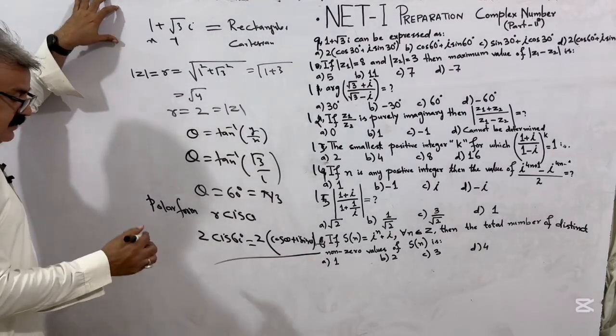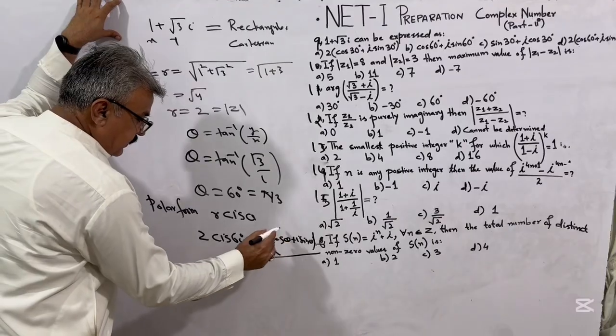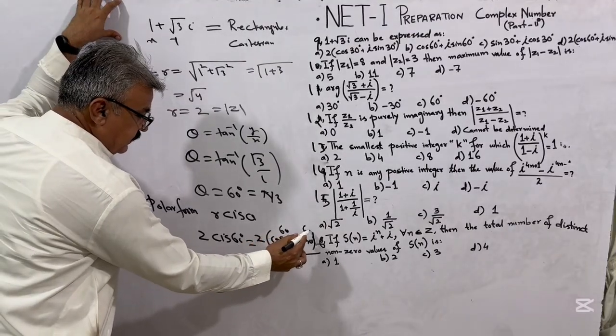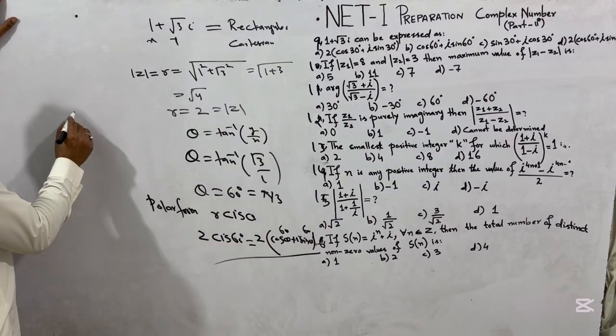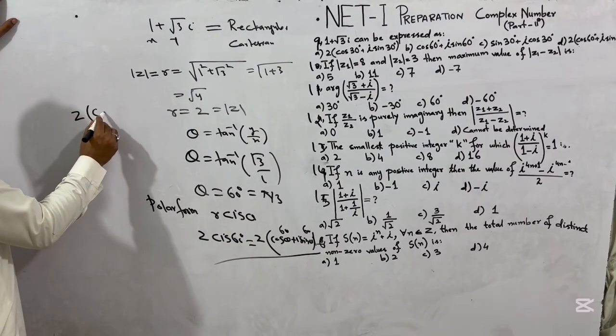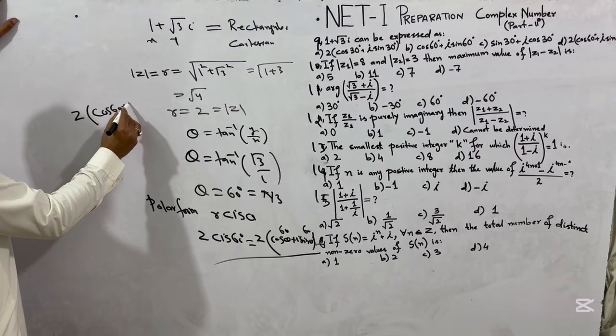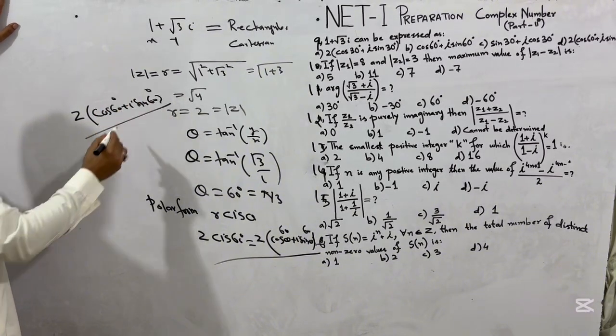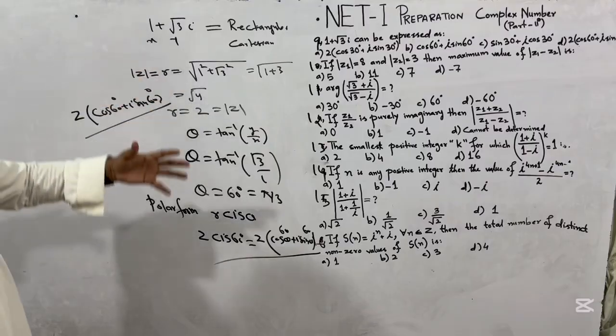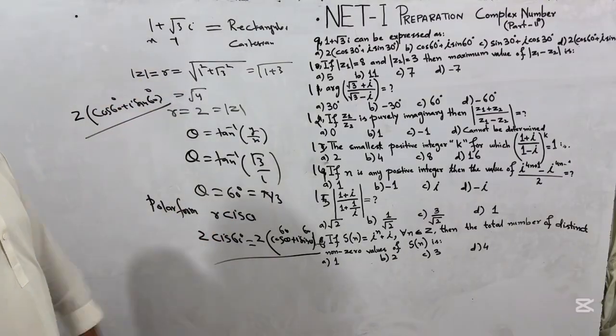That's our answer. Our final answer is 2 times cos 60 plus iota sin 60. That is the way to convert rectangular coordinates of a complex number into polar coordinates.